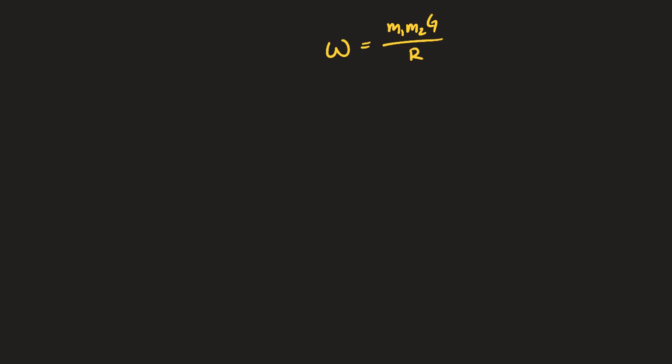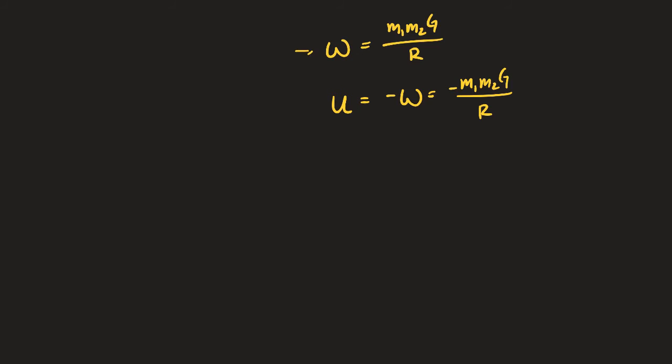This also means I have to define the potential energy as being minus the work, which is minus m1, m2, G over r. Now, this again is by design.